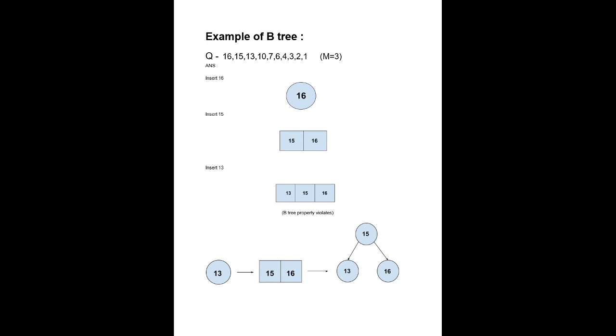The third element is 13, which is less than 15 and 16, so it will be on the left of 15 and 16. But for m equal to 3, the maximum key is only 2, so it violates the property, so we will separate the 13 from 15 and 16. So the tree becomes 15 as the parent node, 13 as the left child and 16 as the right child.